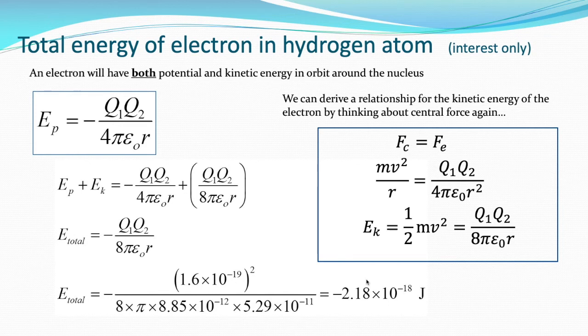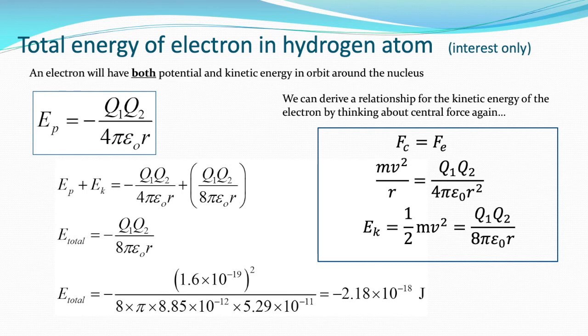And when we add them together, it's basically minus a quarter plus an eighth, and minus a quarter plus an eighth gives you minus an eighth. So my penultimate line, my second last line, has minus Q1 Q2 over 8 pi epsilon naught r. That's the total energy of the electron in the orbit that includes its potential and its kinetic energy.